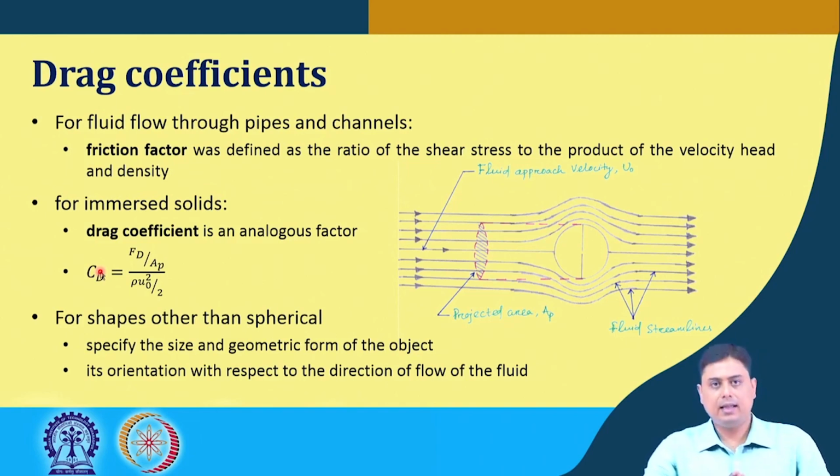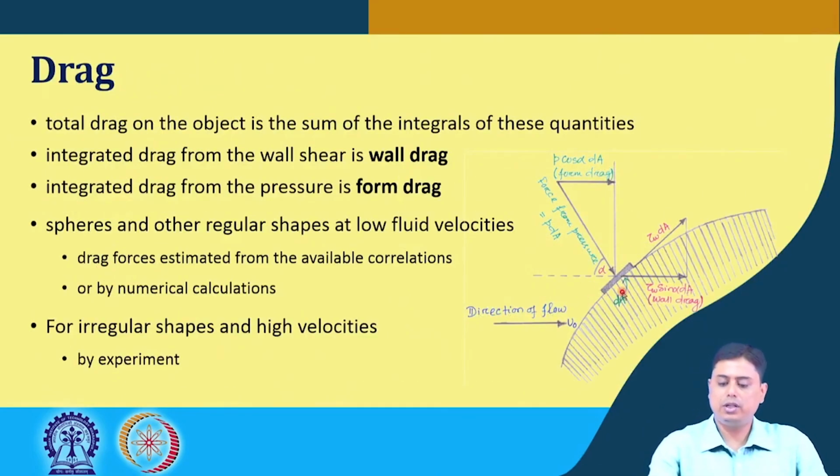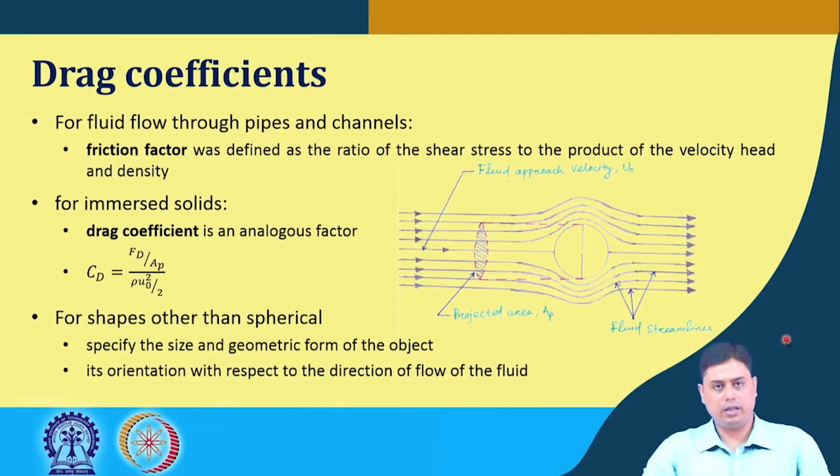So the size and the geometric form of the object become of paramount importance in the calculation of the drag coefficient, and its orientation with respect to the direction of the flow is another vital parameter that we need to consider, because we have seen in the previous example that if it forms an angle, the drag coefficient has two components, but if it is parallel it is only the wall shear case.